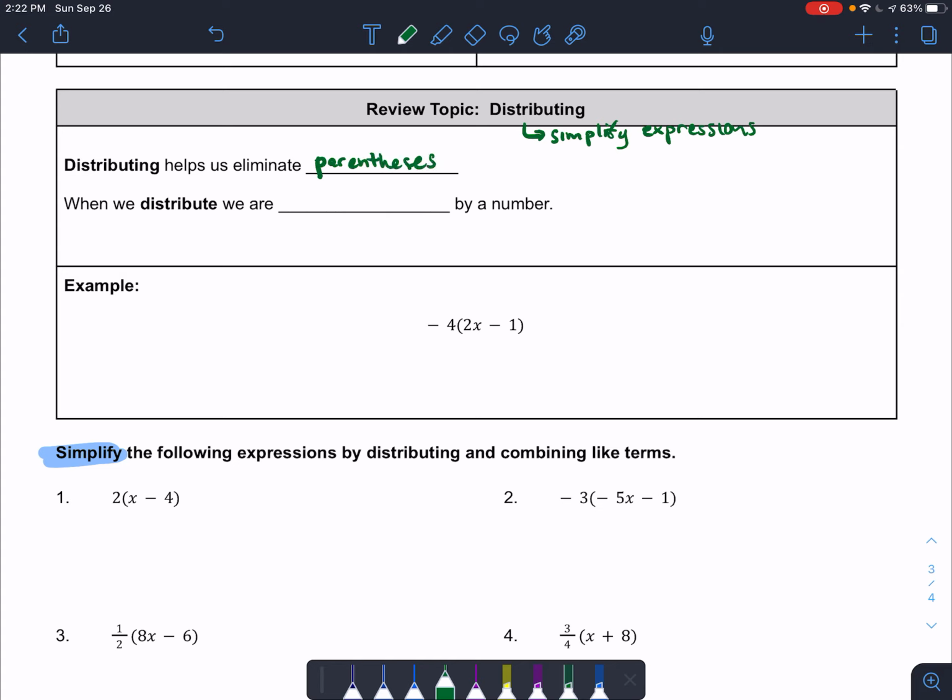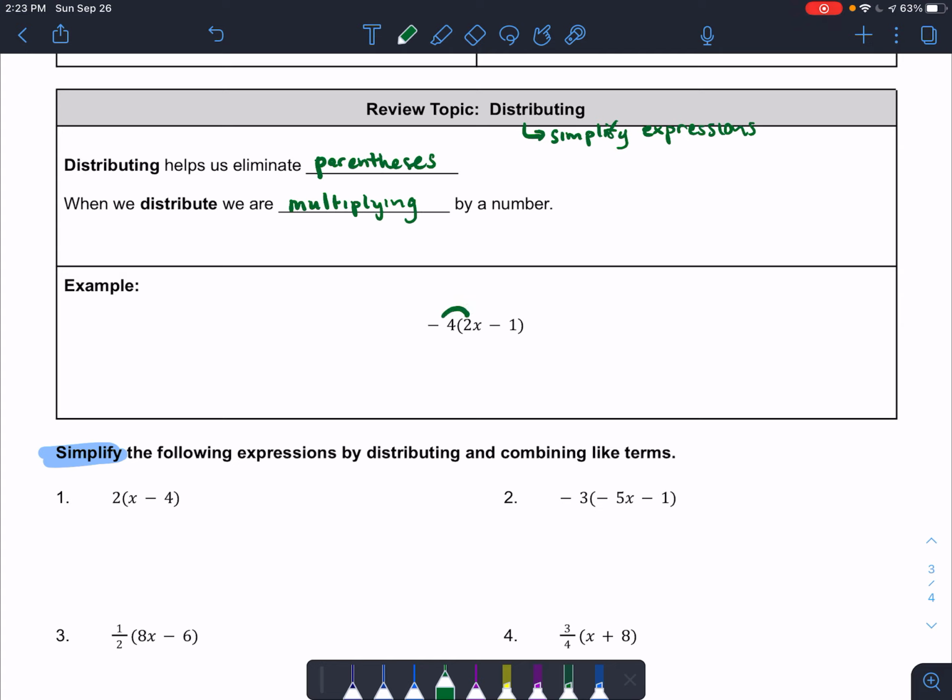All right? And when we see these sets of parentheses with a number out in front, we're actually going to end up multiplying. So let's do a couple of examples and then we'll call it a video. Basically, the number out in front of the parentheses must be distributed to any, because it could be other things as well, thing inside the parentheses.